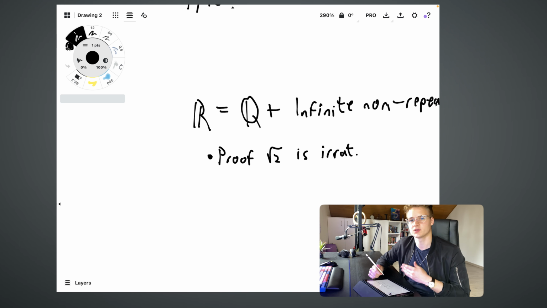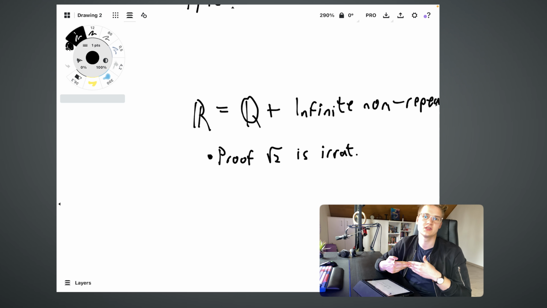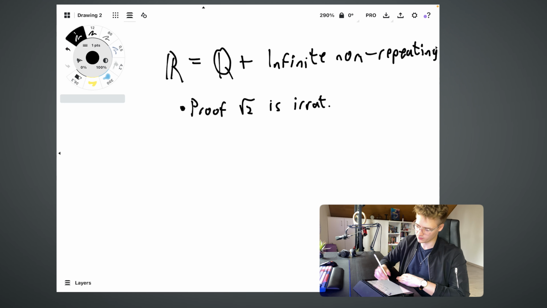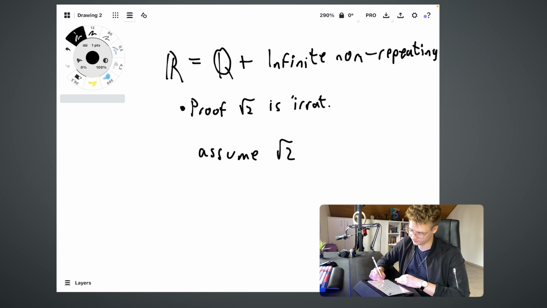And we do that using proof by contradiction, which means we're going to assume it's true and then prove that this leads to an absurdity or a contradiction. So let's assume that the square root of 2 is rational. Irrational by definition means non-rational.